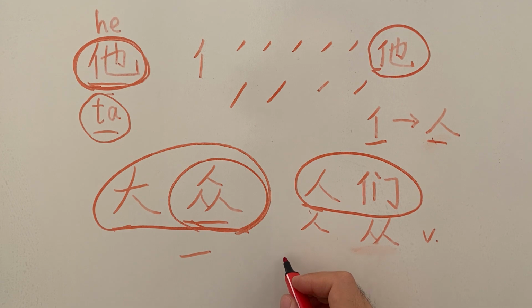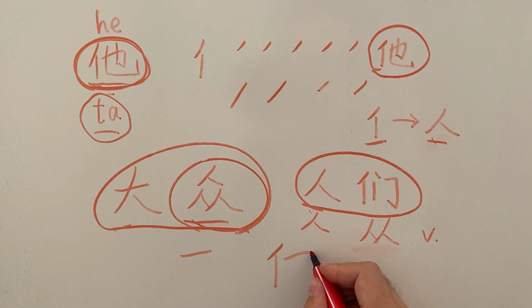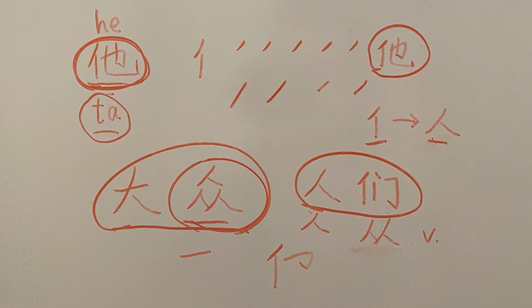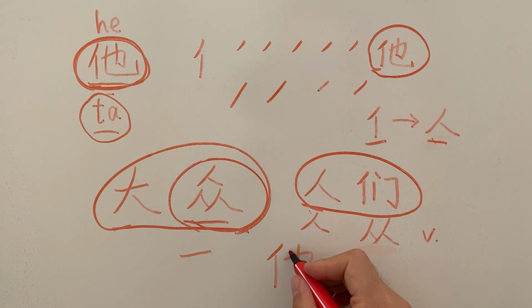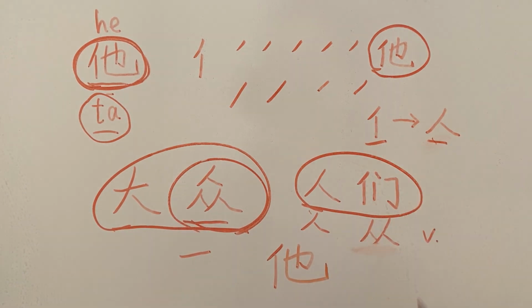Some are shorter, like this one, a little stroke. Some are vertical, and some have turns and hooks.